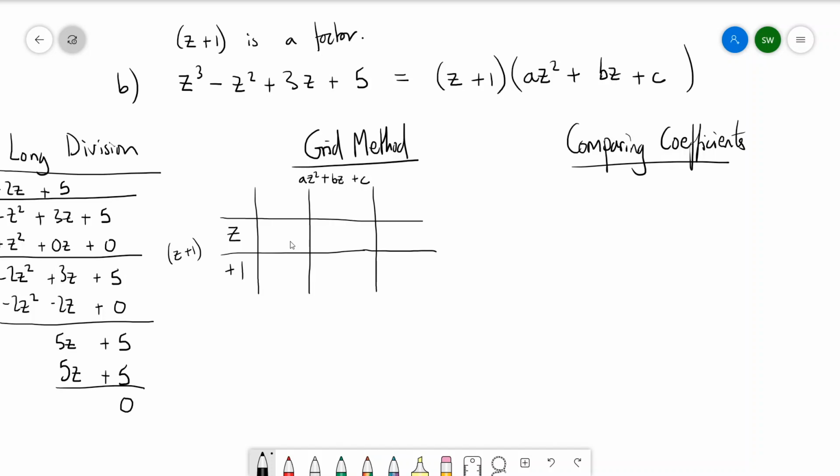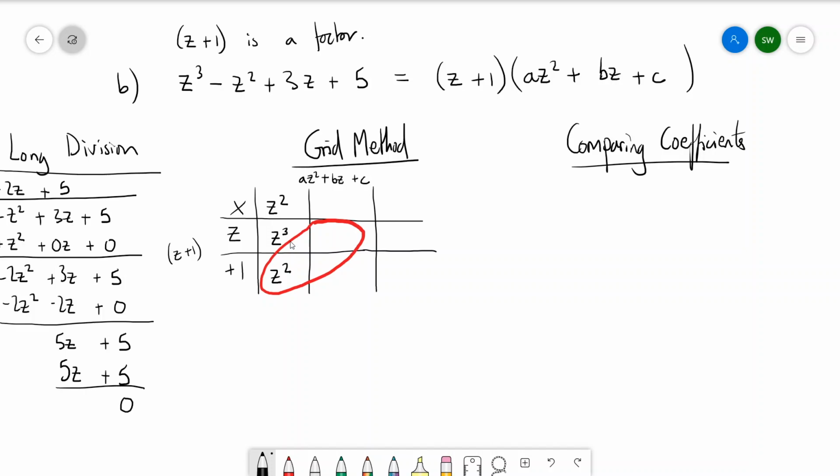So az squared times z has to give me z cubed. So I want z cubed here when I multiply these two things together, because that's my z cubed term. So I know that I'm going to have to put z squared there. I'm going to get my z squared terms by adding together these ones here.